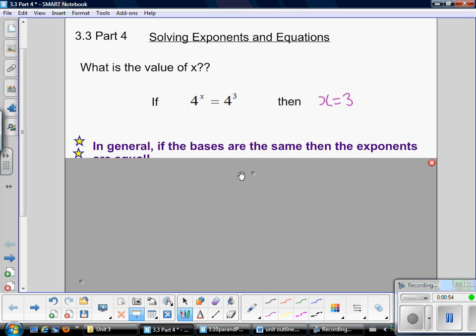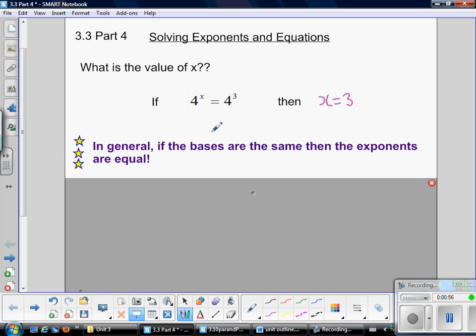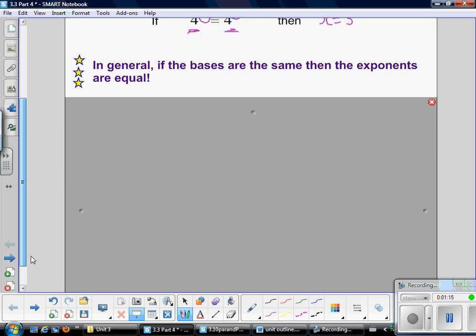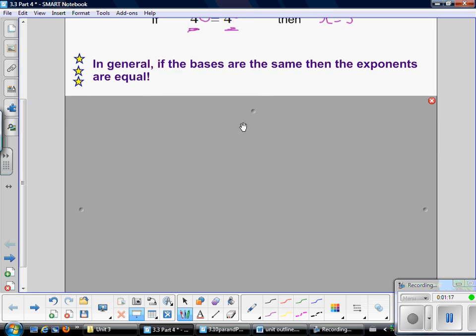Well, in general, if the bases are the same, such as they are here, 4 equals 4, then the exponents must also be equal. So if the bases are the same and we have the equal sign, then the exponents must be equal. Let's take a look at some examples and see if they get any harder than that.